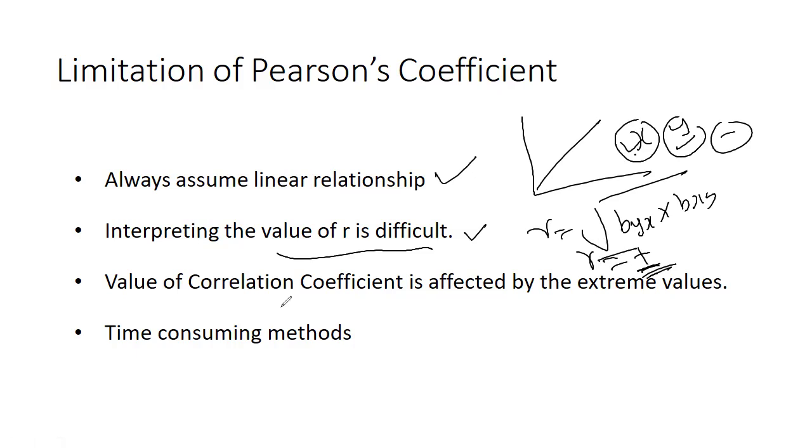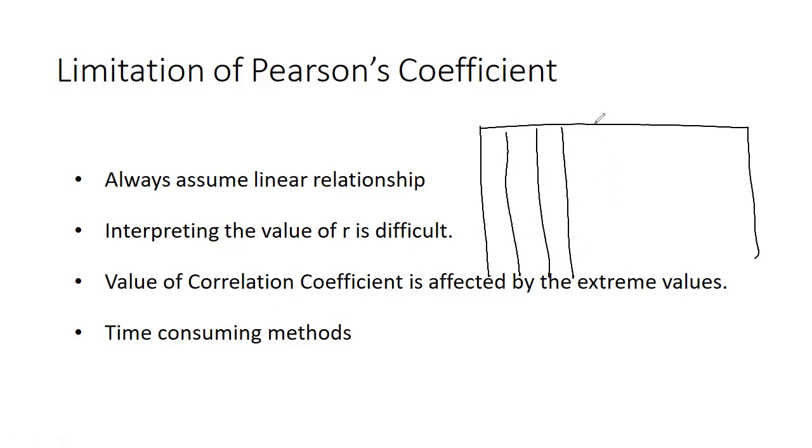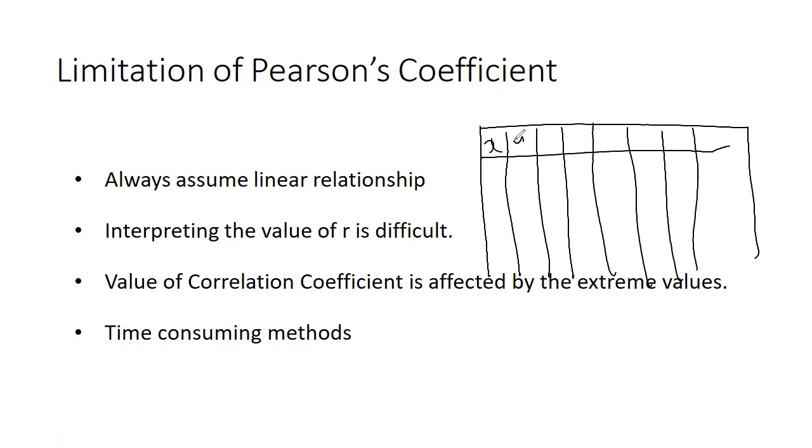The value of the correlation coefficient is affected by the extreme values, and this is a time consuming method also. If you perform it manually, then you need to create a very long table. Already I have discussed this table. It has x, y, dx, dy, dx square, dy square, and dx dy.